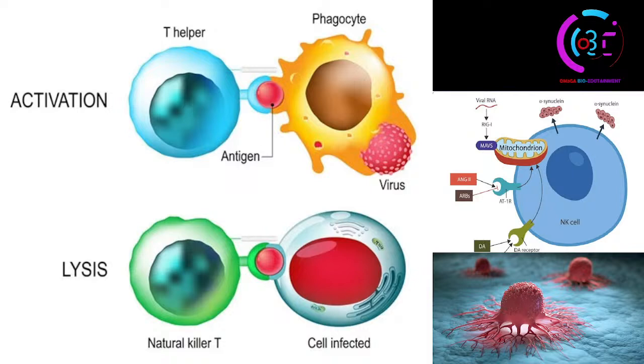Okay, what are they? The natural killer cells are the first component of the innate immune system that recognizes that there is an infection, a foreign antigen or foreign substance. So it is the first line of the innate immune system to recognize.